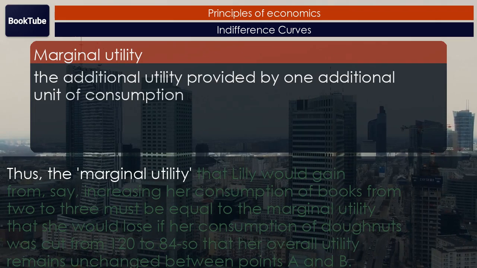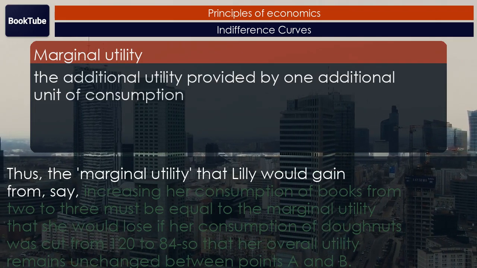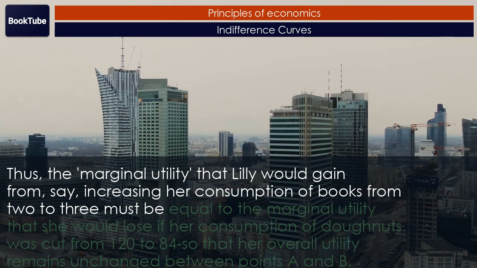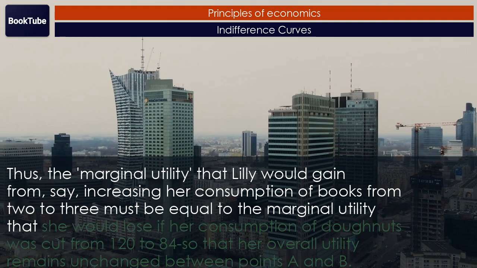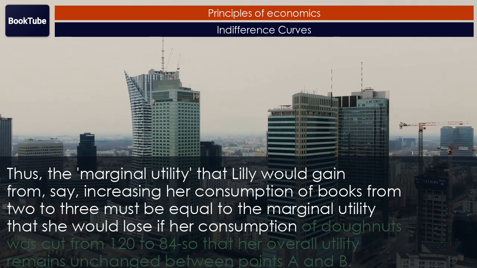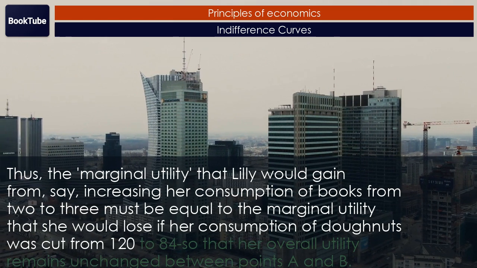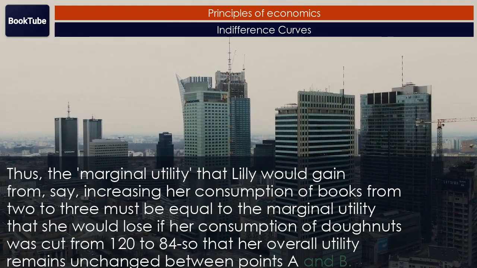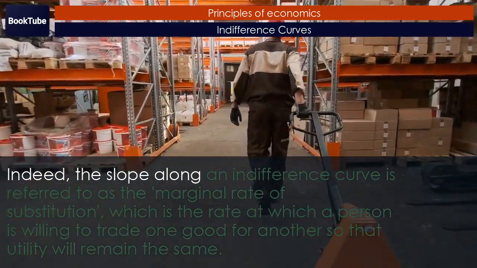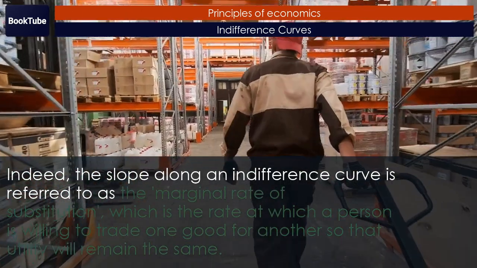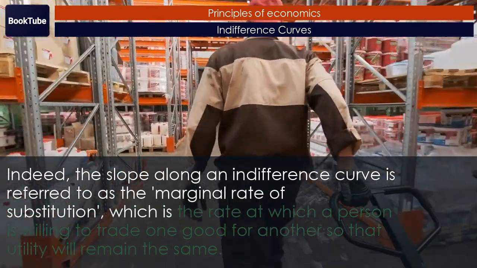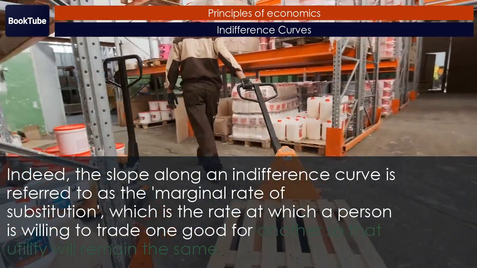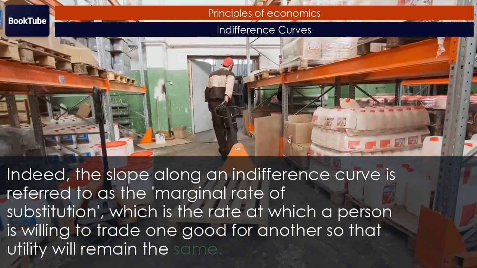Thus, the marginal utility that Lily would gain from, say, increasing her consumption of books from 2 to 3 must be equal to the marginal utility that she would lose if her consumption of donuts was cut from 120 to 84, so that her overall utility remains unchanged between points A and B. Indeed, the slope along an indifference curve is referred to as the marginal rate of substitution, which is the rate at which a person is willing to trade one good for another so that utility will remain the same.